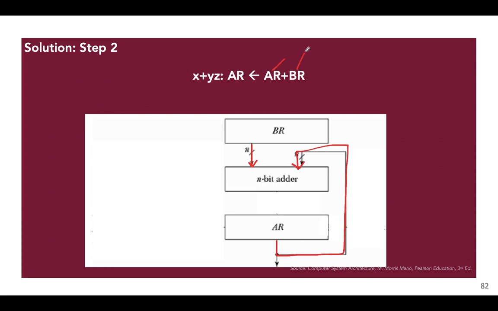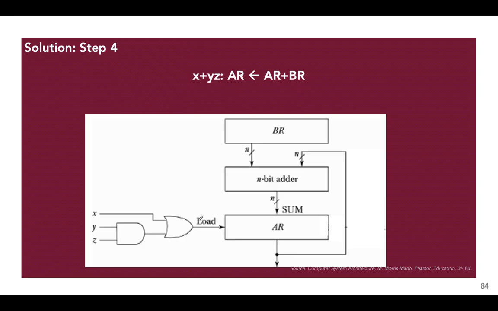AR and BR are to be added, right? So the contents of AR will move into the adder, the contents of BR will be moved into the adder, and the result is supposed to be stored back in AR. The sum is supposed to be stored back in AR. So all these lines are now drawn.